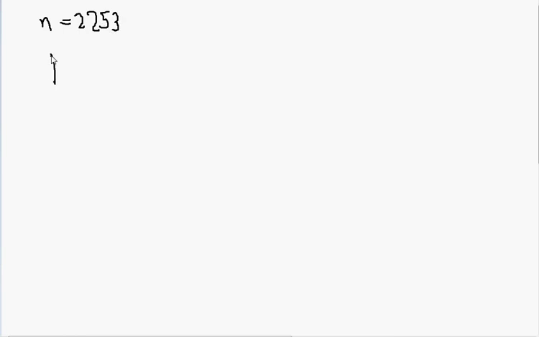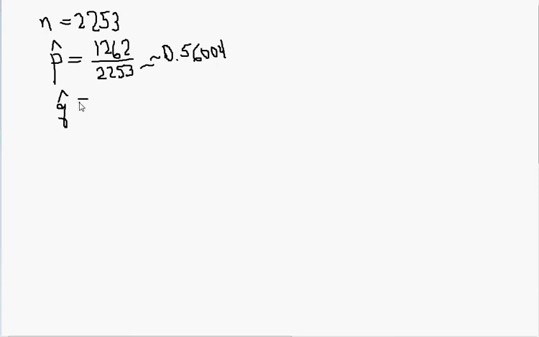The value of p hat is equal to 1,262 divided by 2,253, and that works out to be approximately 0.56004. So the q hat will be equal to 1 minus p hat, so 0.43996.